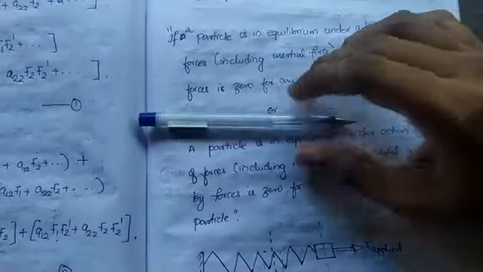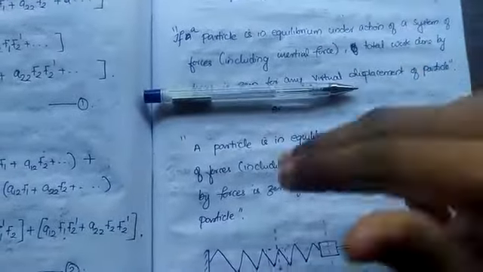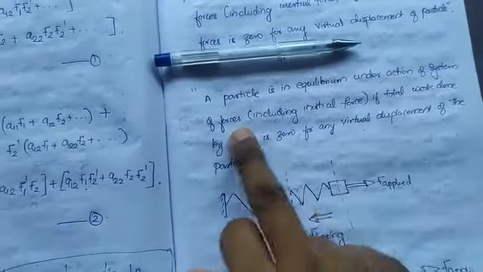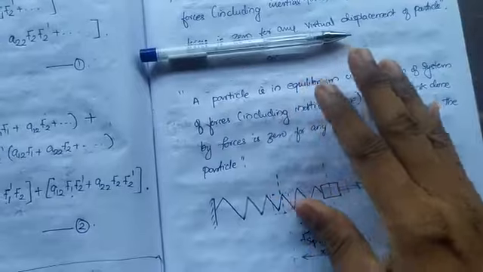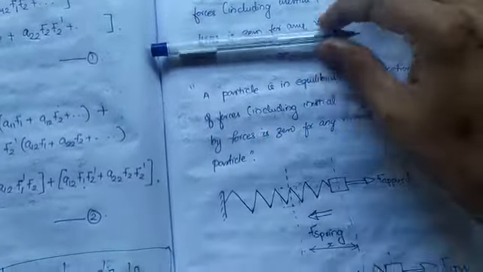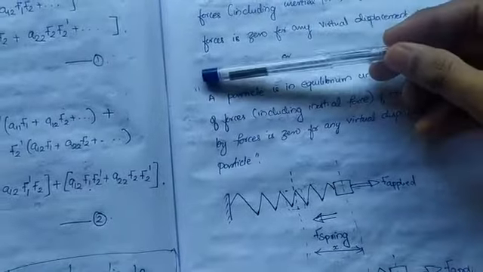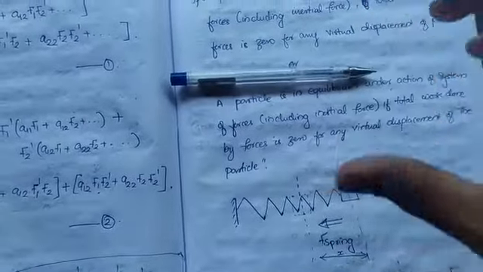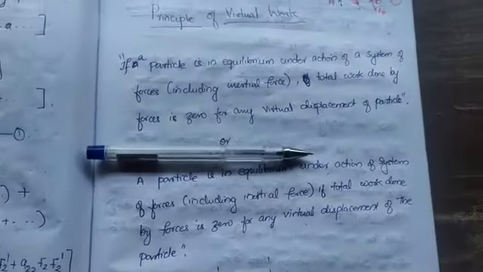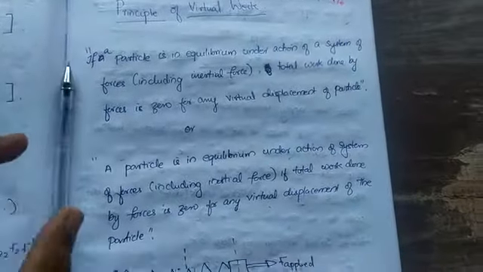This is what the virtual work theorem states. Or the vice versa: even though many forces are acting, if a virtual displacement is given to this object, then it says that the particle is in equilibrium. Okay, for better explanation we'll see an example.